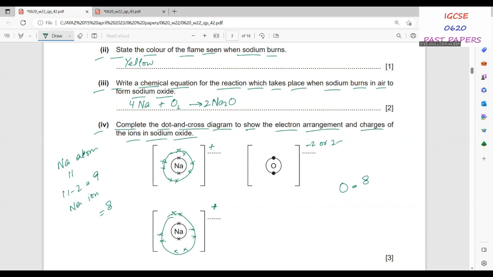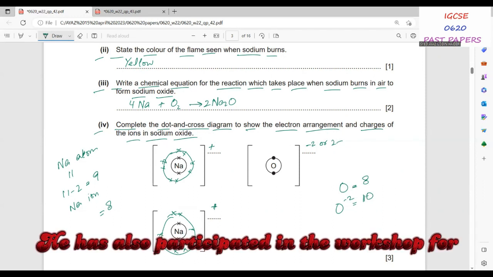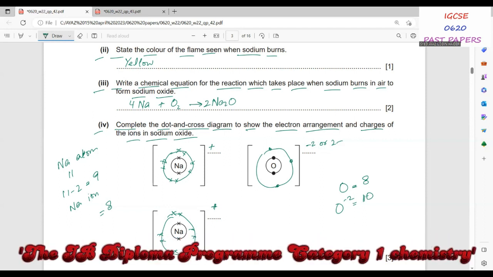So after gaining 2 electrons, it will become 10, which means the total number of electrons will be 10. 2 electrons are already shown. I'm going to show the 8 more electrons. I will use dot for sodium. 1, 2, 3, 4, 5, 6. These are the electrons of sodium. It has gained 1 electron each from the sodium atoms. So 1 and 2.